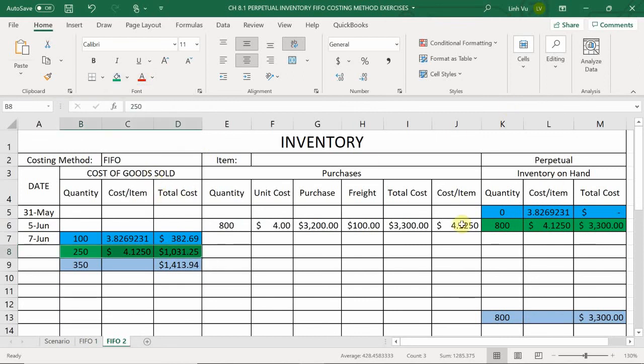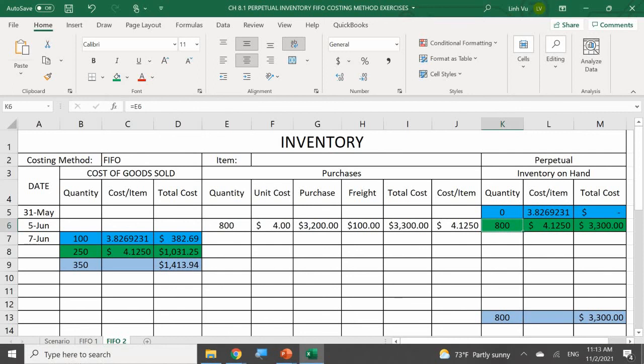Okay. So if I sold, let me see, 800 units minus 250, that gives me 550 remaining. So I can just do the calculations right here. And this is using Excel, so it's a lot easier to do so. All right, so that means you should have $2,268.75 each, if you do the calculation in your head.